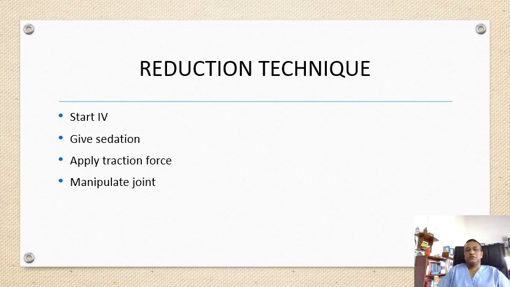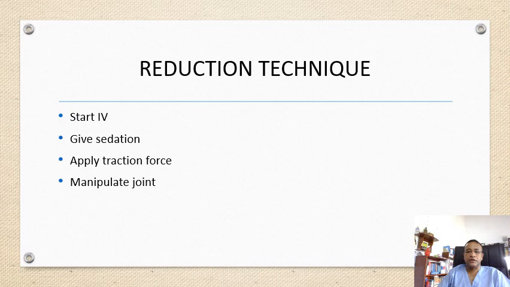So as I mentioned earlier, reduction should be very gentle. Now you have planned it, and you are going to do it under sedation or a GA. So now you have to insert an IV cannula and have all the required monitoring. Then you give your sedation, whatever sedation you decide, either yourself or your anesthetic colleague will give it.